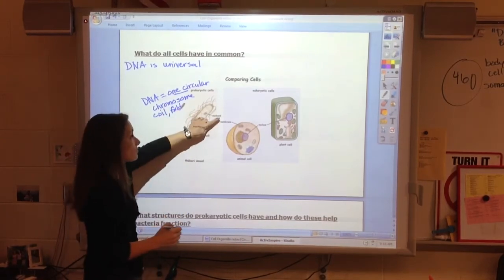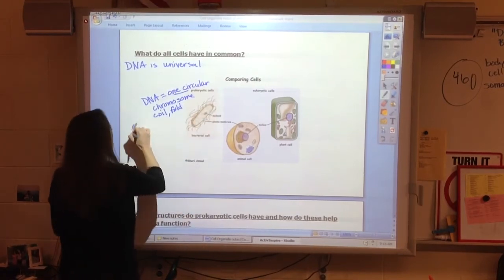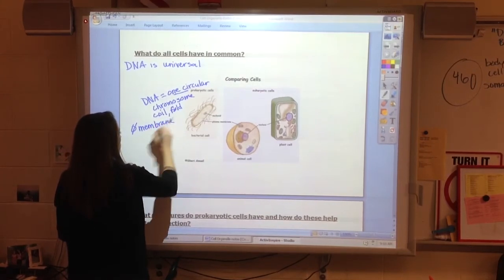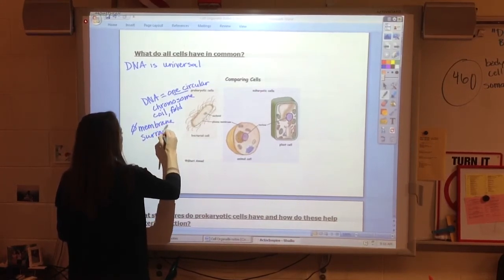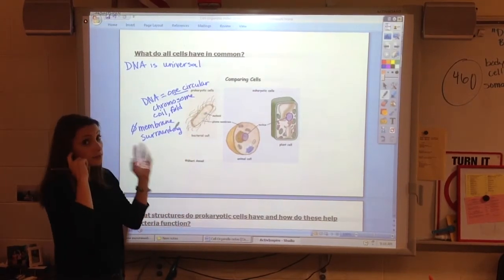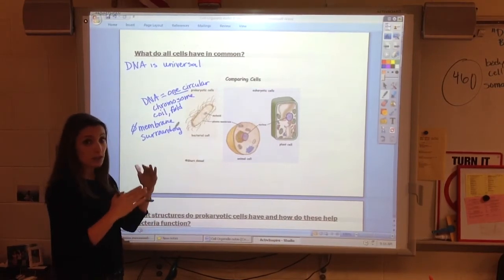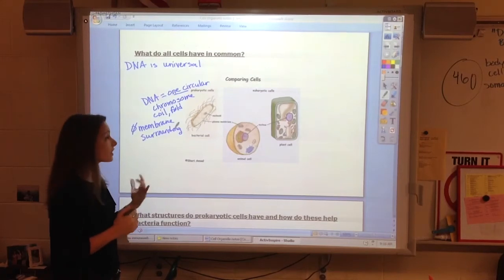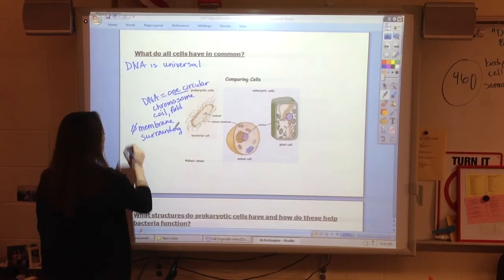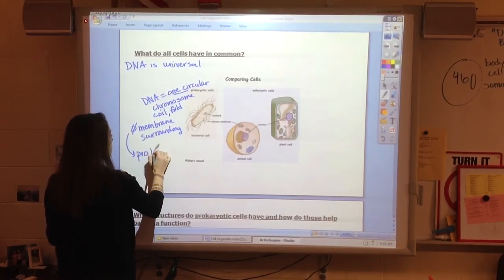It's going to be found in a region called a nucleoid region, but there is no membrane surrounding. So our two main types of cells, the first classification of cells, is based on whether they have a membrane surrounding. So no membrane surrounding are known as prokaryotic.